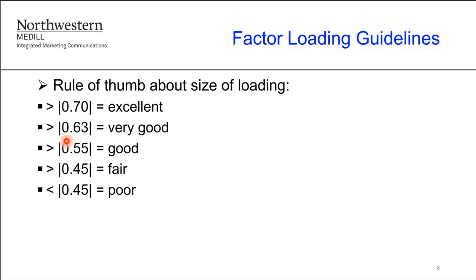If it is greater than 0.63, this is very good. If it's greater than 0.55, then it's good. If it's greater than 0.45, this is fair. And if it's less than 0.45, this is poor. This is how we read the factor loading values.